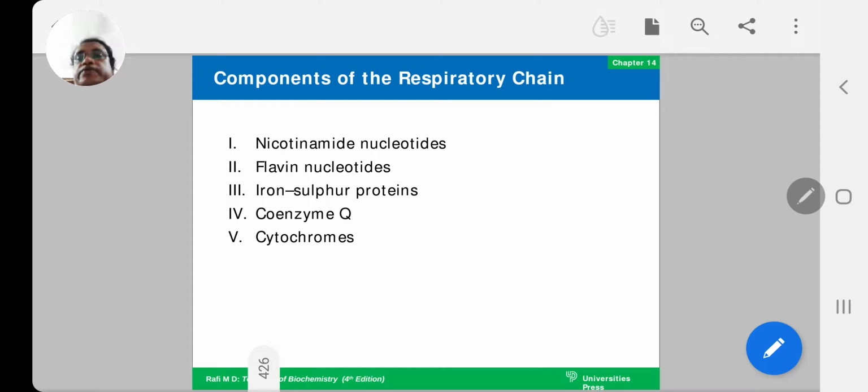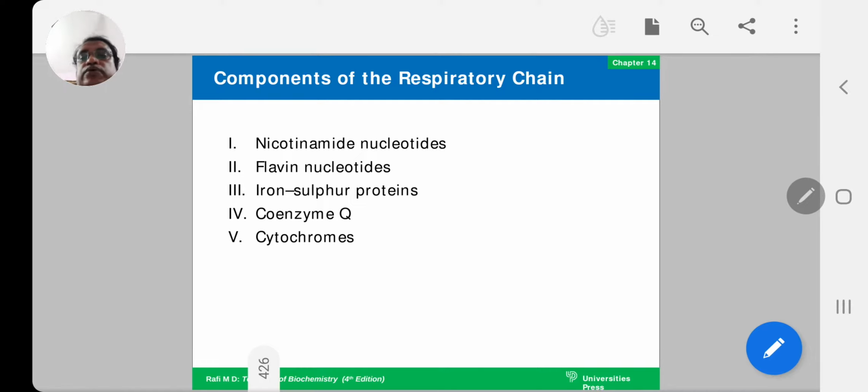There are about 8 FeS proteins identified to date as components of the electron transport chain. All these FeS proteins take part in single electron transfer, in which one atom of the iron sulfur cluster is either oxidized or reduced.